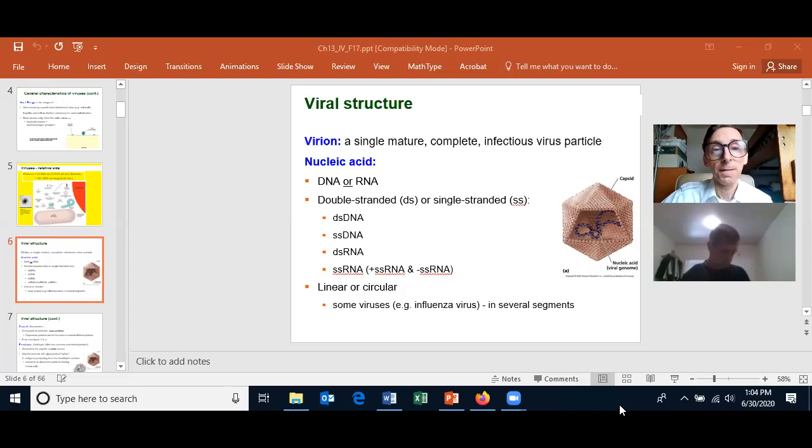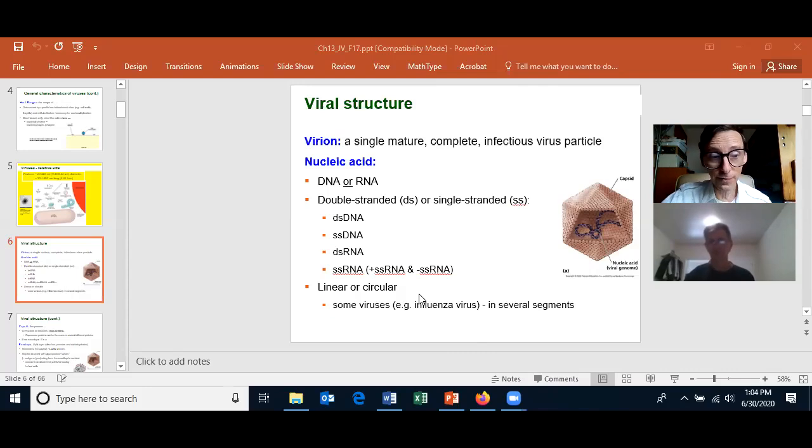Perfect. All right, so we mentioned that the genome in a virus can be either DNA or RNA, and that DNA can be either double-stranded, and the RNA as well, or single-stranded. Now, when we're talking about single-stranded RNA, remember you have to distinguish between positive single-stranded RNA and negative single-stranded RNA.